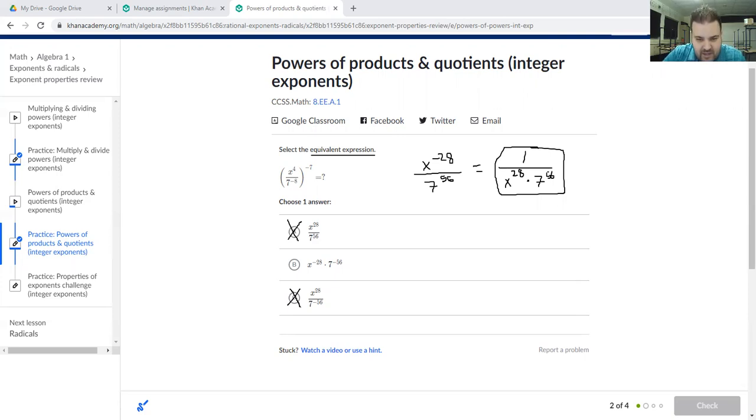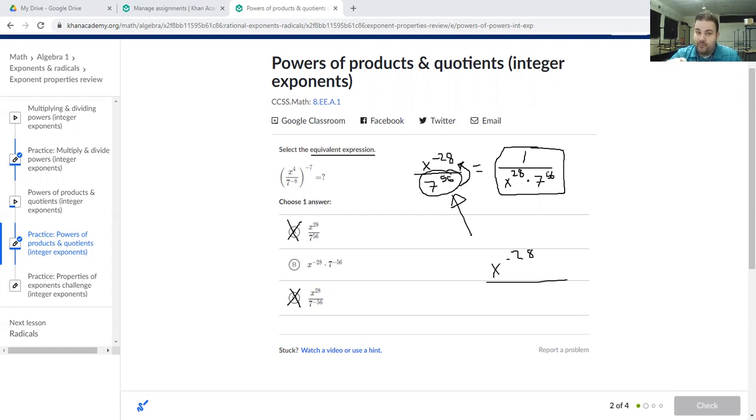What they did is when they got to this point right here, they moved this 7 to the 56th power up into the numerator. All right. So you end up with x to the negative 28th in the numerator. Just leave this where it's at, 7 to the positive 56th power. What they did is they took it and moved it up here into the numerator.